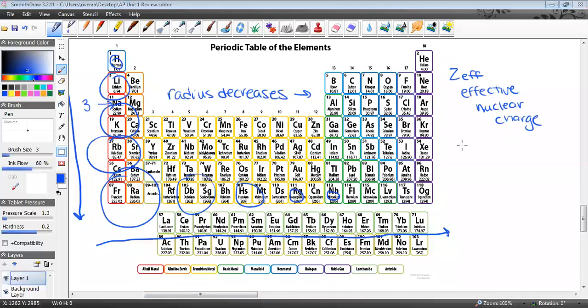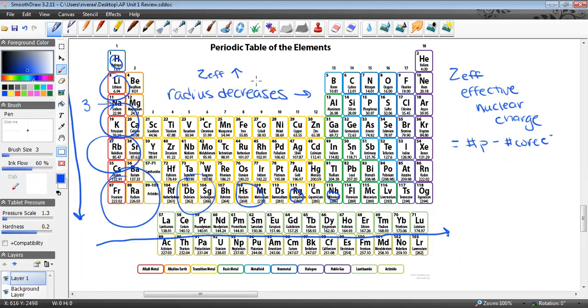Okay, Z effective is a measure. All you do to calculate Z effective is you take your number of protons minus your number of core electrons or non-valence electrons. And when you go across a period from left to right, your Z effective increases. You're going to see that when you go back and practice and calculate it.